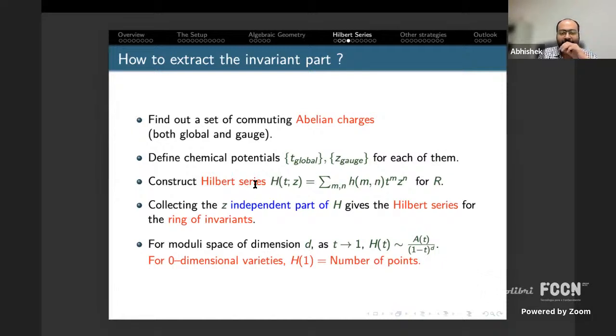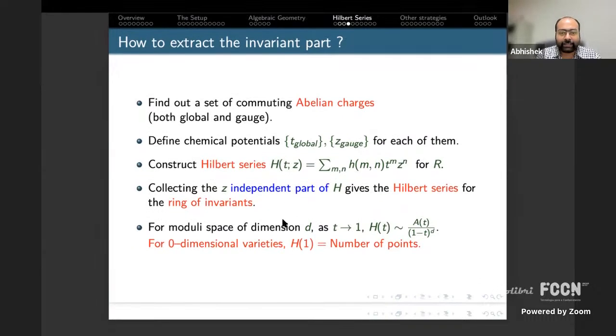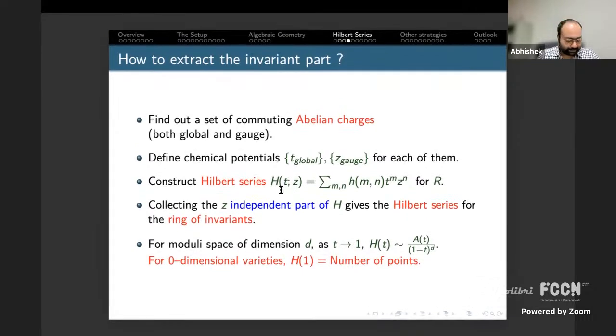So this Hilbert series nicely has all the information. It turns out that once you are able to calculate this Hilbert series, you can extract the Z independent part out of it, and the remaining Hilbert series in terms of the fugacity T will be the ring of invariants that you are looking for.